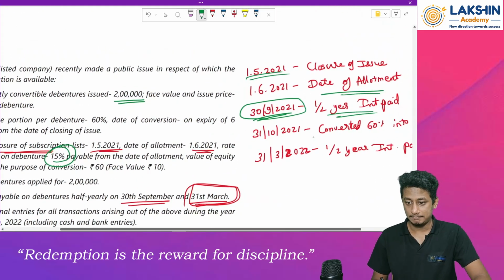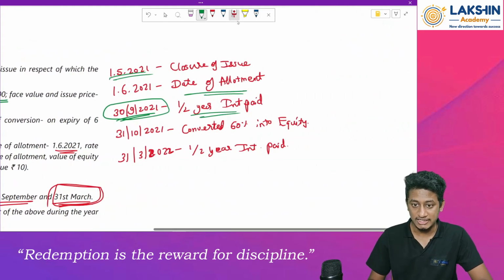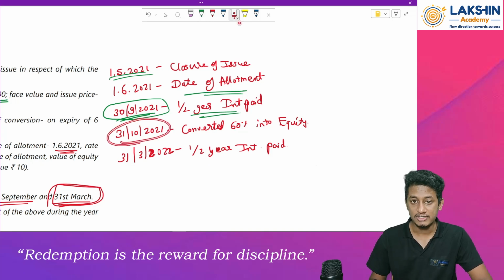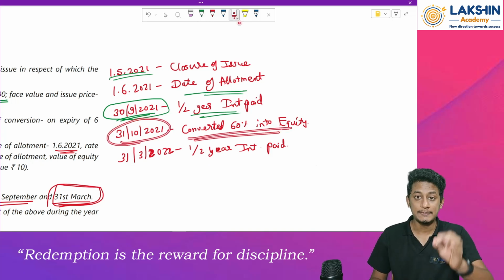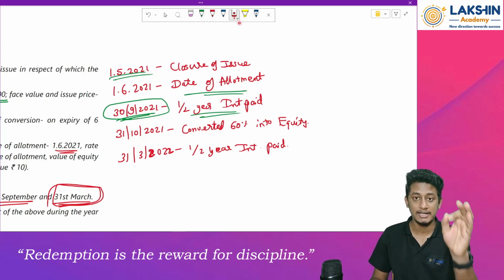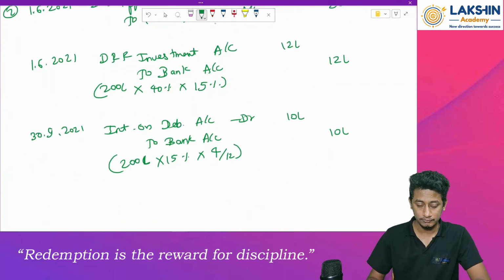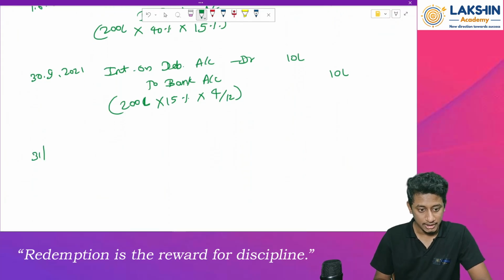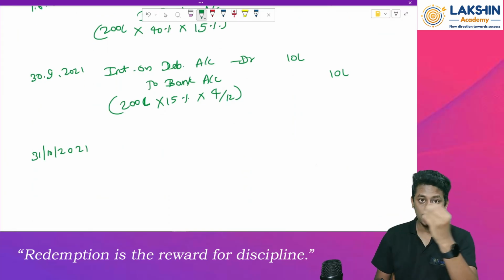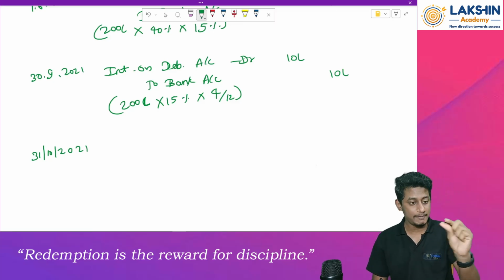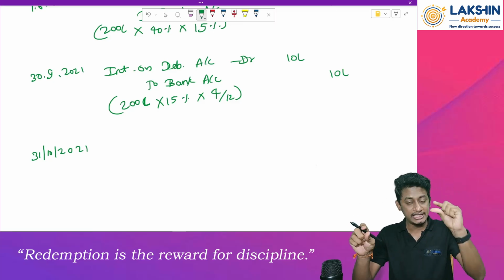Okay. Now next, conversion of 60% holdings. On 31st of October, you are converting 60% of the debentures into equity shares. So what to do? The date will be 31st of October 2021. When I convert debentures into equity, the debenture will go off.